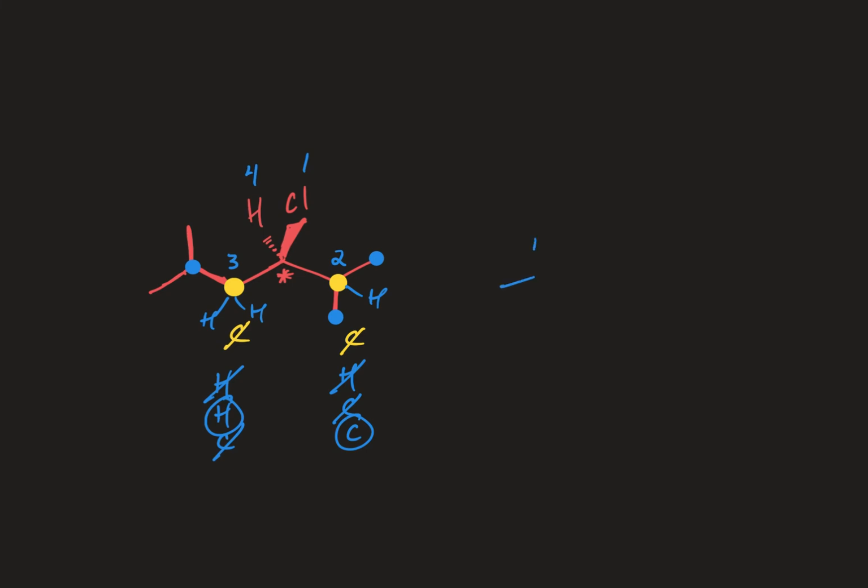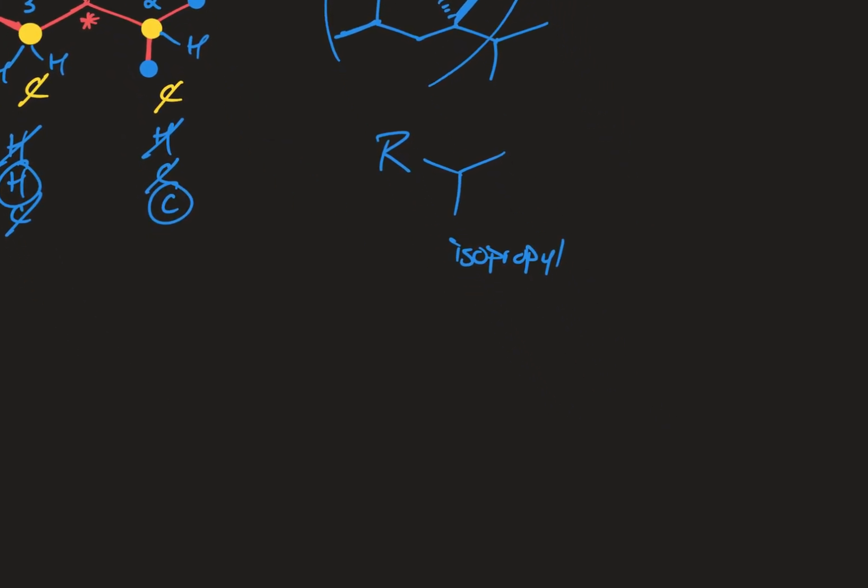If we look at this structure more carefully, you'll notice that the group to the right, if I take this off, I could call that an R group and call this an isopropyl group. And that's got a C3H7 chemical formula over there.